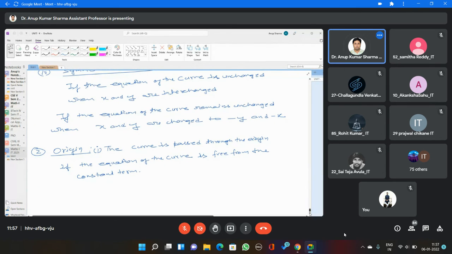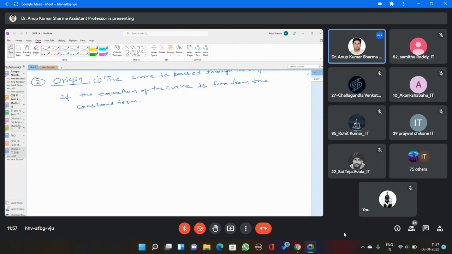Next, tangents at the origin, if the curve passes through the origin.